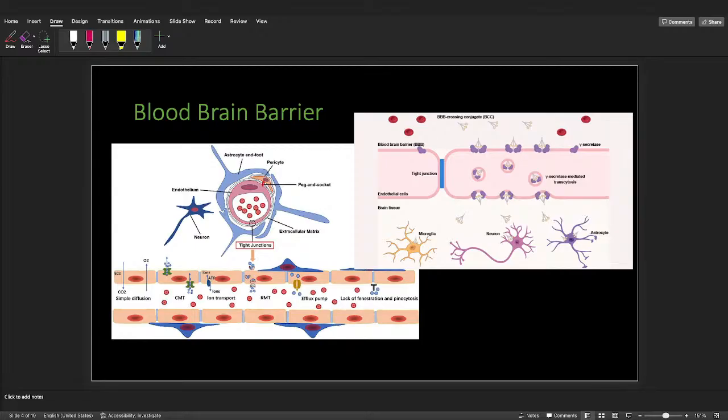And why am I explaining this? Why do I even care about this? Well, in order for these medications to work, they have to get to the brain. The brain is responsible for a lot of movement, hearing, vision, everything.